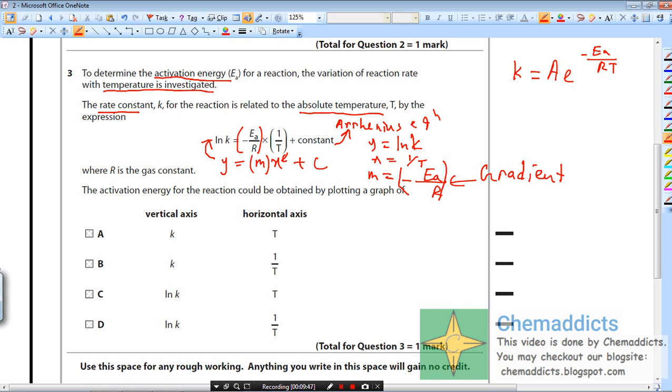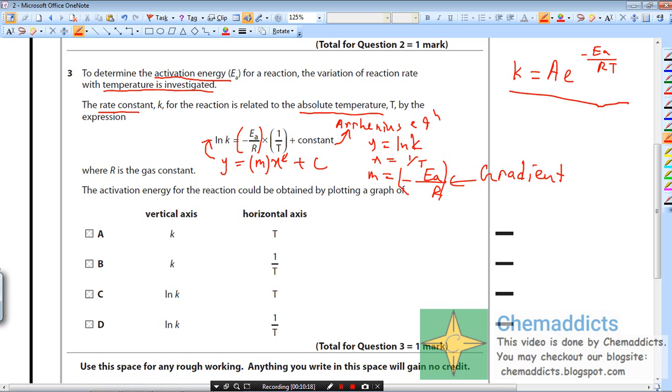Let me check whether my equation is correct or not. Well, it's correct. This was the original Arrhenius equation. This is 100% genuine Arrhenius equation.